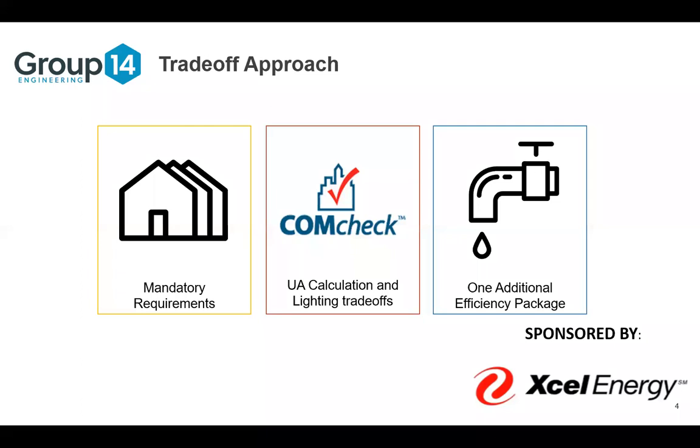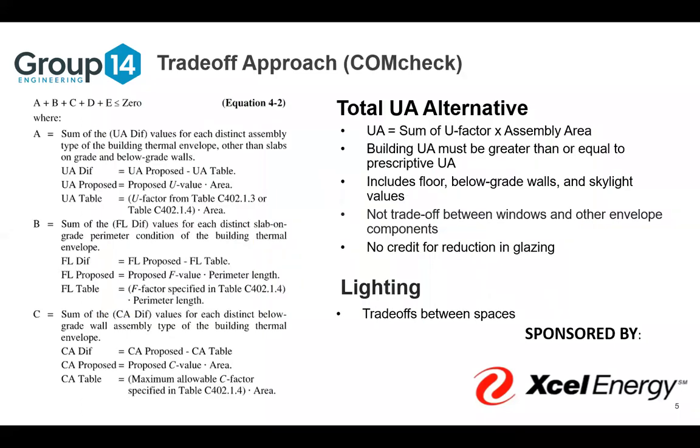The UA alternative, just to set the scene for this, I want to help you understand, if you don't already, that there are some trade-offs happening within COMcheck that allow you to say, I want to put R8 continuous insulation on the north wall, but my firewall requirements are not allowing me to put R8.